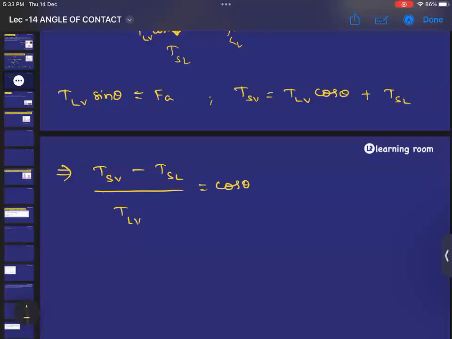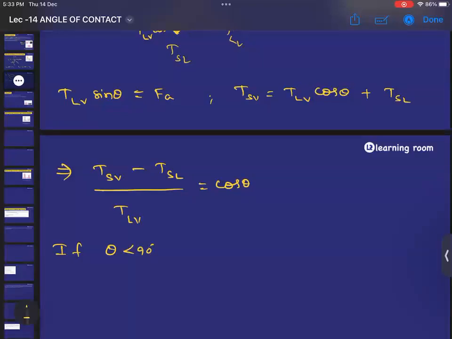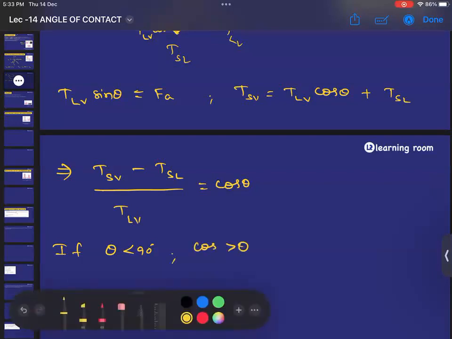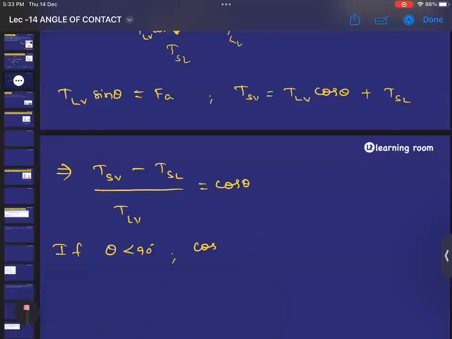If I want theta to be less than 90 degrees, then what should cos theta be? Cos theta should be positive. Am I right? If you substitute an acute angle in cos, then the value of cos is positive, because between 0 to 90, in the first quadrant, it is going to be a positive value. Yes or no?